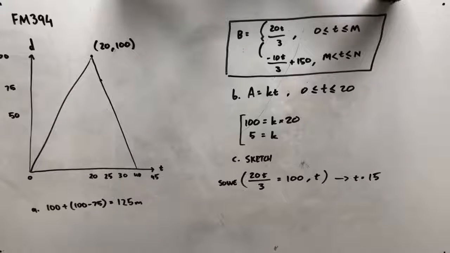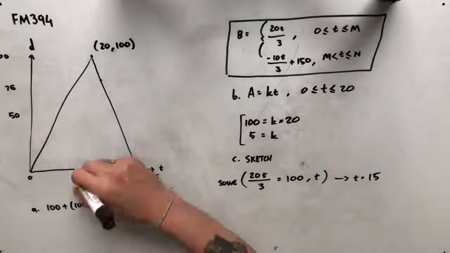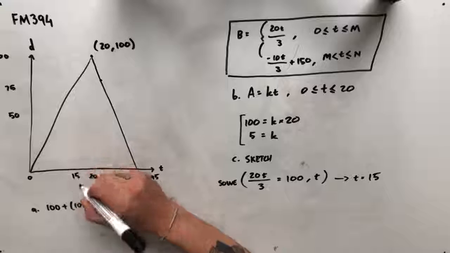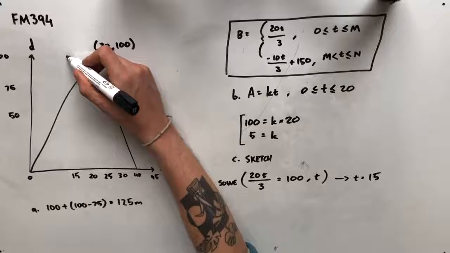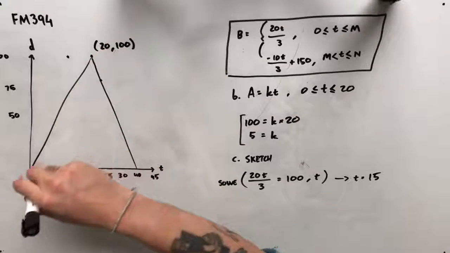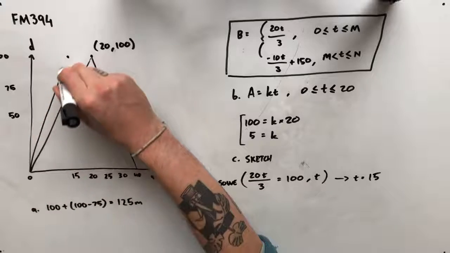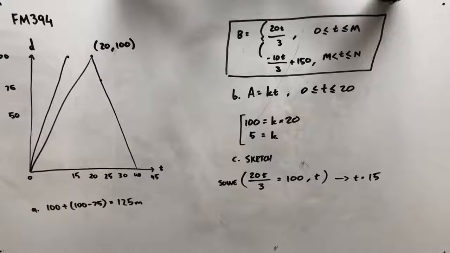So you can plug that into your calculator or you can do it manually, but you'll find that t is equal to 15. So at the 15-second mark, Jacob reaches the tree.